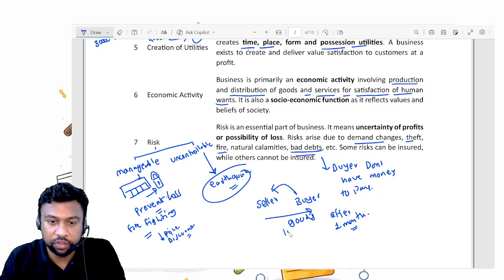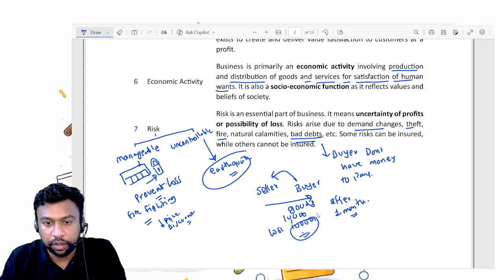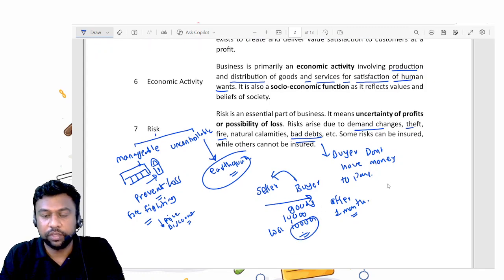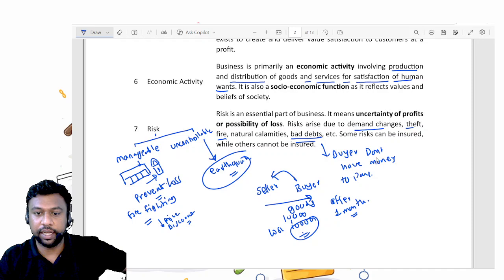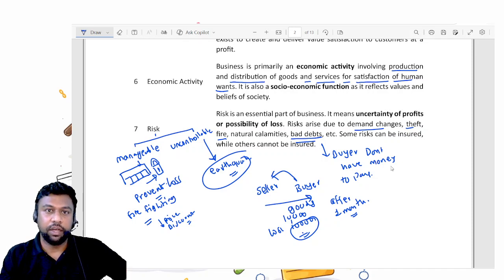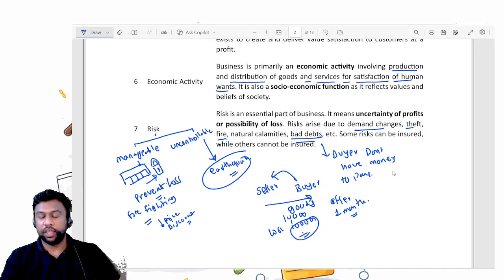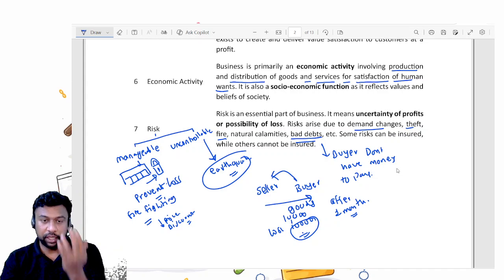You have given goods worth 10,000 rupees and now you will not get that money, so your loss is 10,000 rupees. Understood? So that is what bad debt is. Your buyer refused to pay, or he is not in a position to pay. That is also not in your hand, as you have already given the goods.